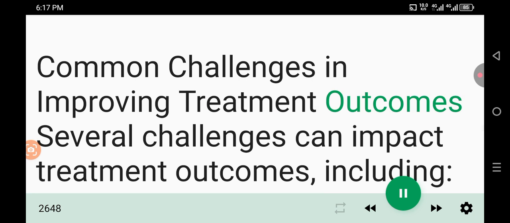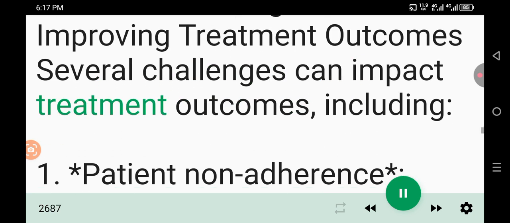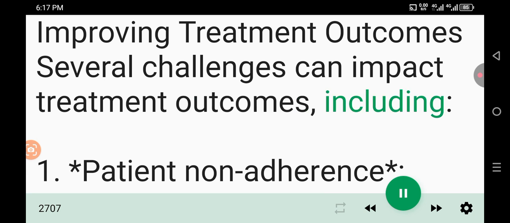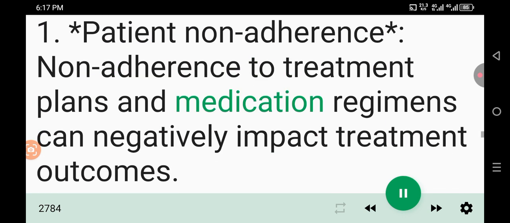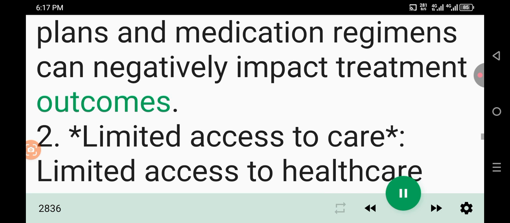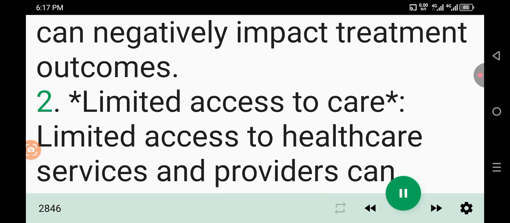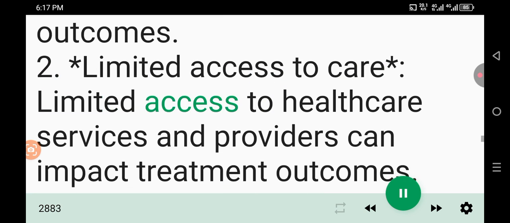Common challenges in improving treatment outcomes. Several challenges can impact treatment outcomes, including 1. Patient non-adherence. Non-adherence to treatment plans and medication regimens can negatively impact treatment outcomes. 2. Limited access to care.